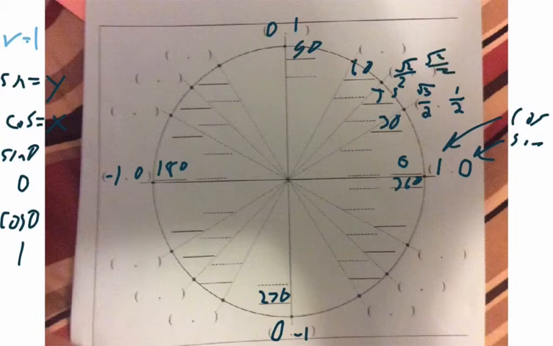And 60 is going to be 1/2, comma, the square root of 3 over 2. So the 2 stayed the same in all of these, and the numerators just kept going up by 1 for the y values and down by 1 on this side.